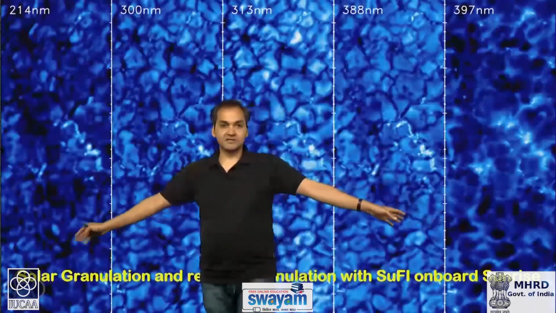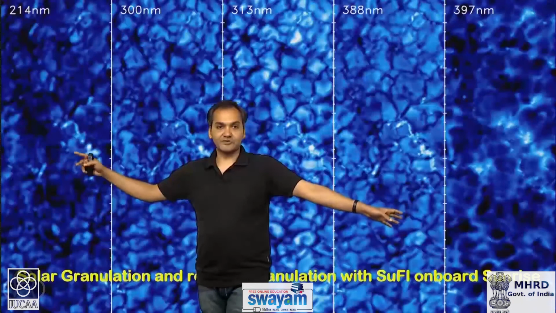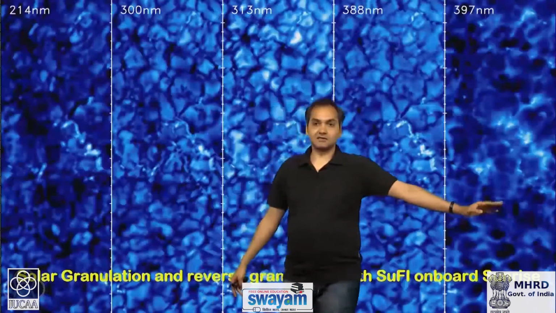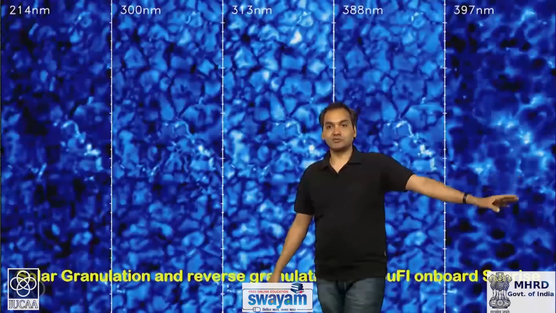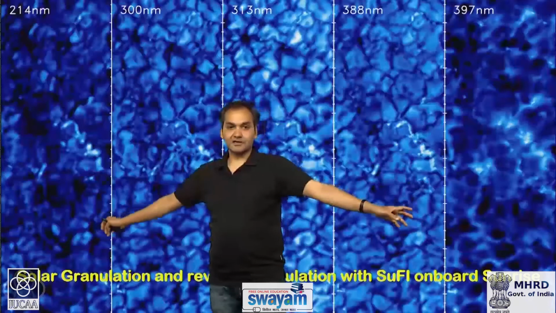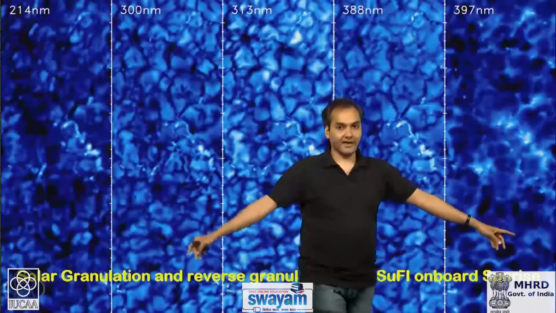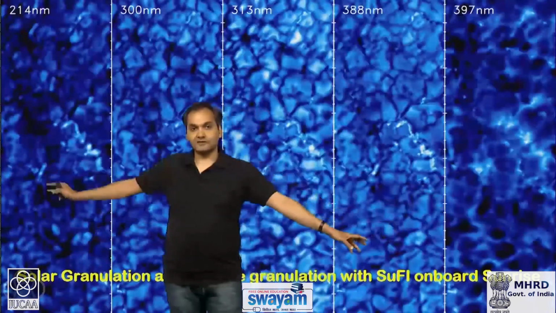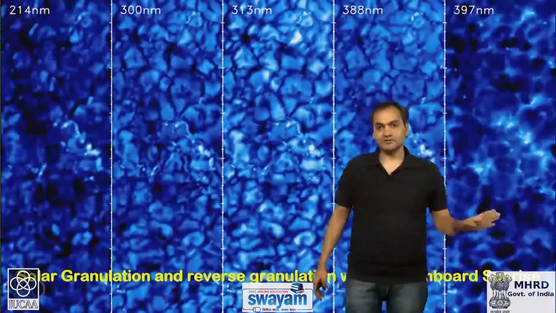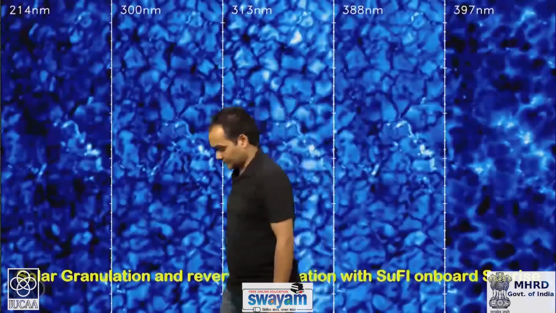In the photosphere, you see granulation: bright blobs coming up and dark lanes, whereas in the chromosphere you have the completely opposite. The blobs which are brighter in the photosphere are darker in the chromosphere, and the lanes which are darker in the photosphere are brighter in the chromosphere. So, that is what is called reverse granulation.